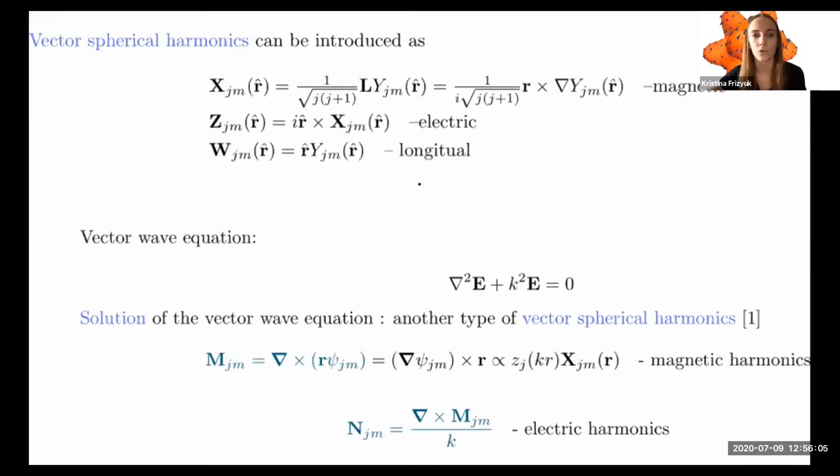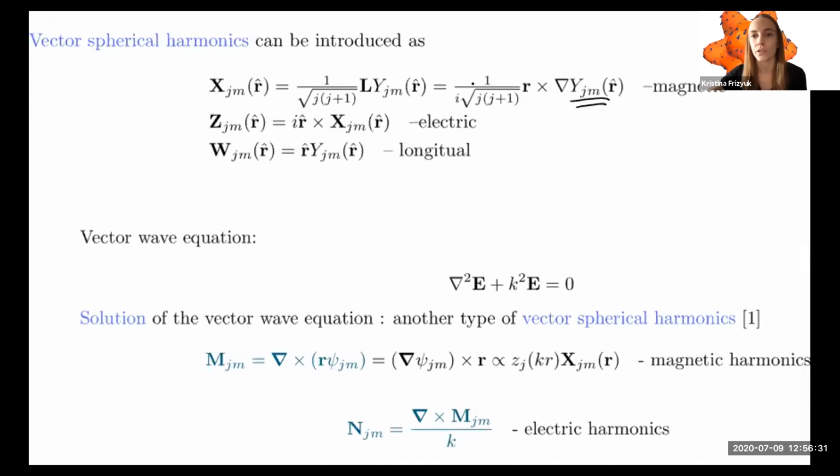Then we will use two types of vector spherical harmonics. The first type is the same as Ivan introduced. They are related to the scalar spherical functions. And we have three types: magnetic, electric, and longitudinal.